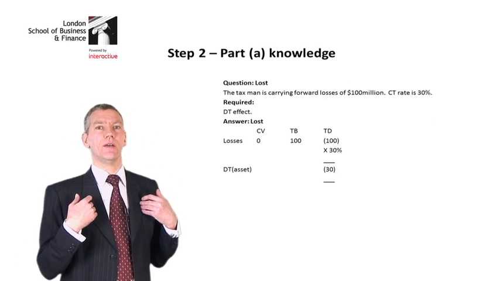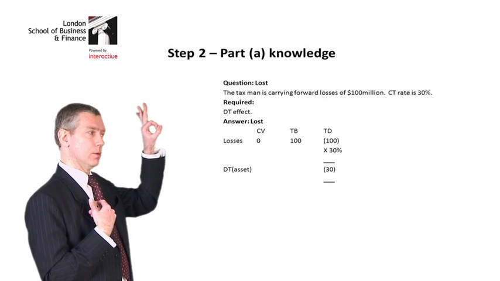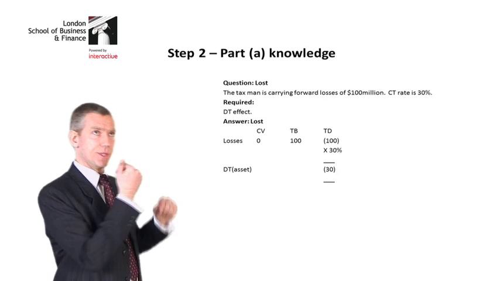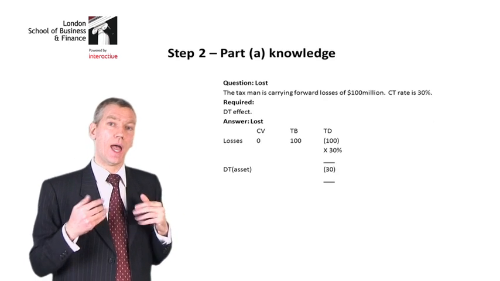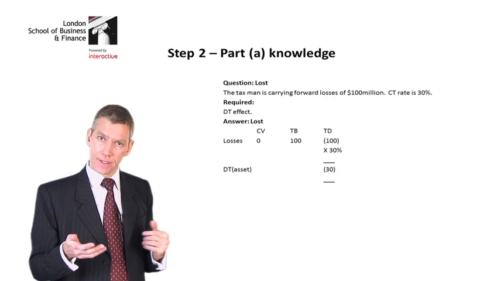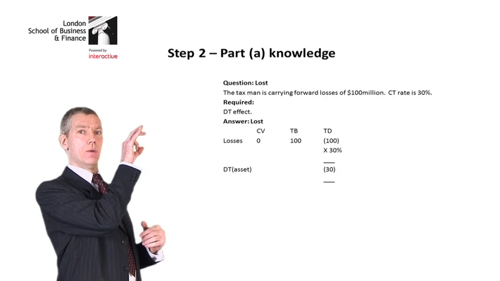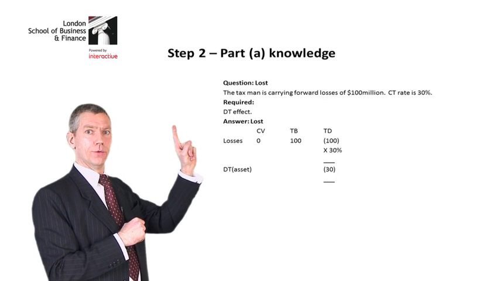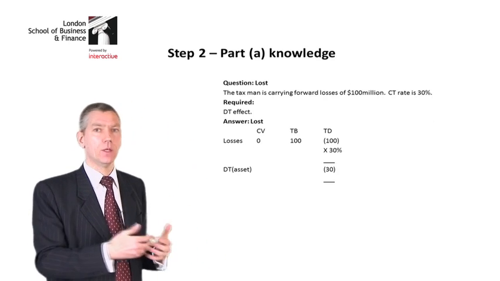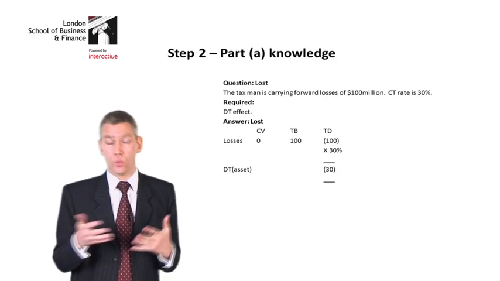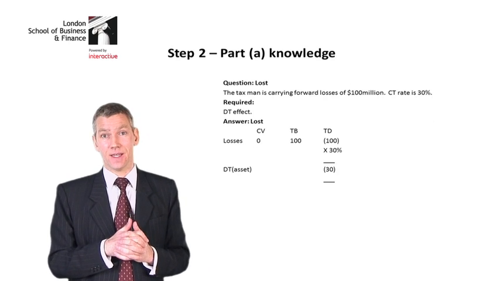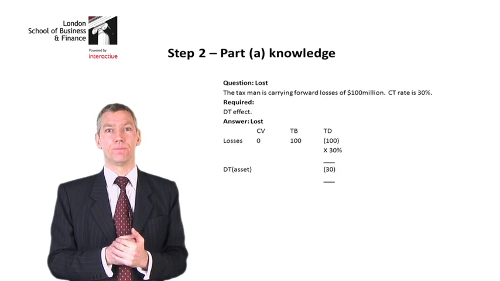So we have an asset value of 0 in our financial accounting books. The tax accountant has an asset value of 100 million in the tax books, and 0 minus 100 million gives you minus 100 million. You multiply minus 100 million by 30% and you get a DT asset of 30 million.